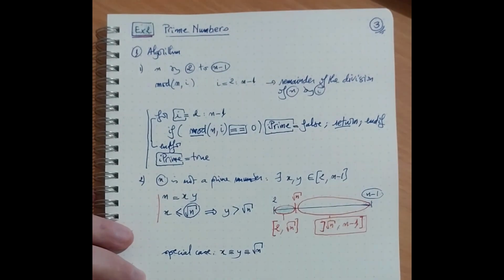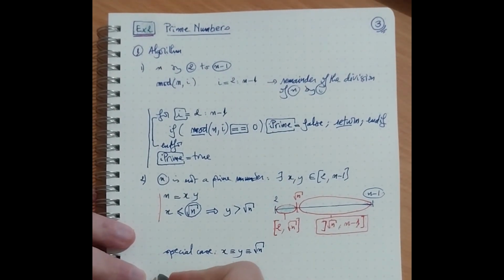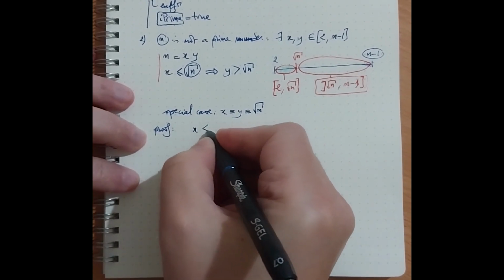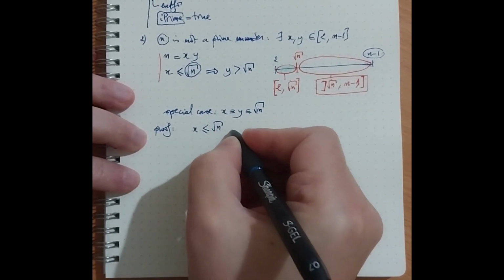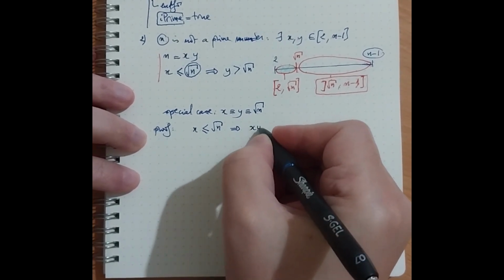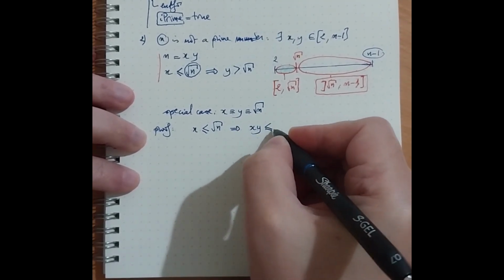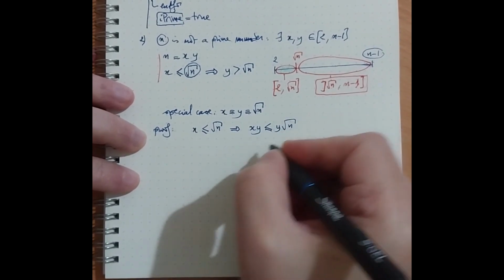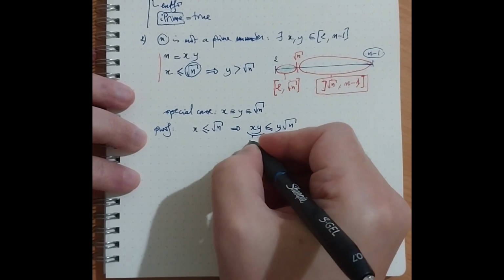We can prove that very easily. If x is smaller than the square root of n, then we can multiply by y. y is positive, so x times y is less than or equal to y times the square root of n. But what is x times y? It is n.